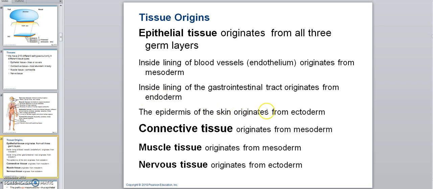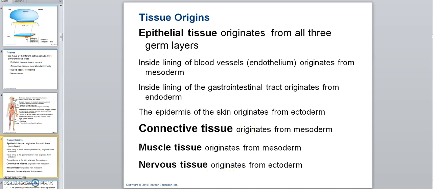If it's the skin, which covers, it arises from ectoderm. So epithelia arises from all 3 germ layers. That's the only one. Connective tissue, all of it arises from mesoderm. Muscle arises from mesoderm. And your nervous tissue arises from ectoderm.